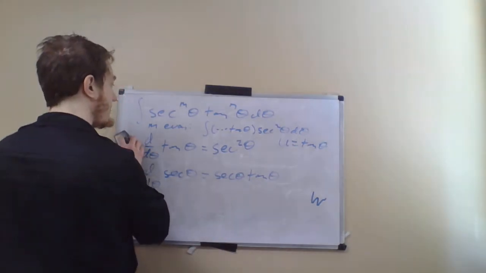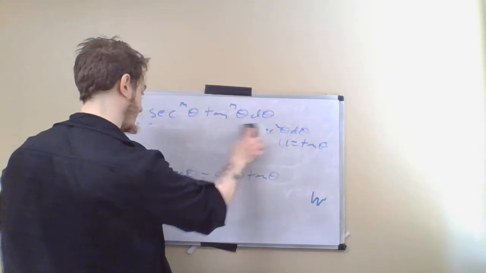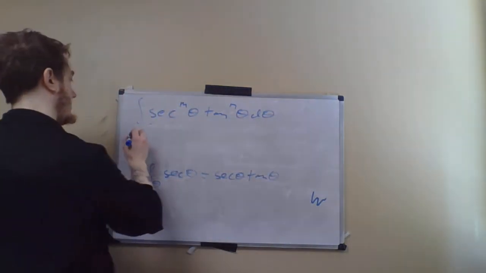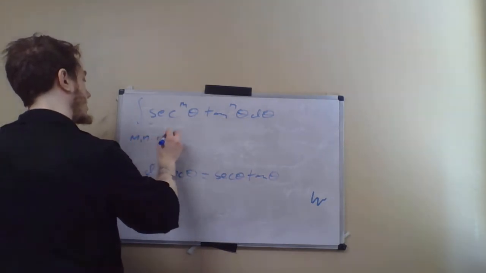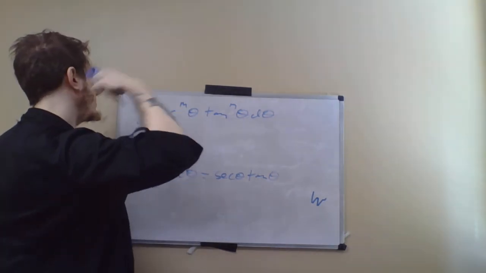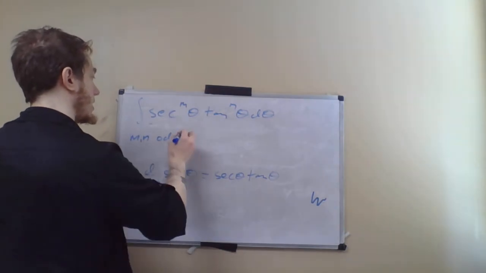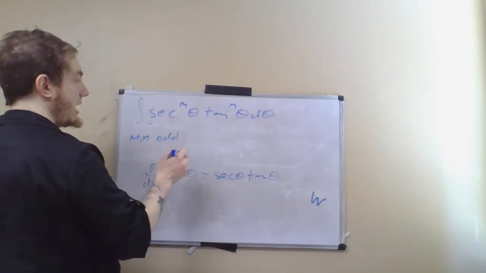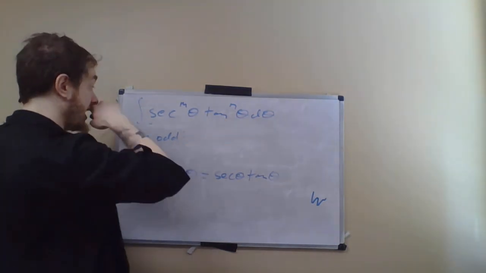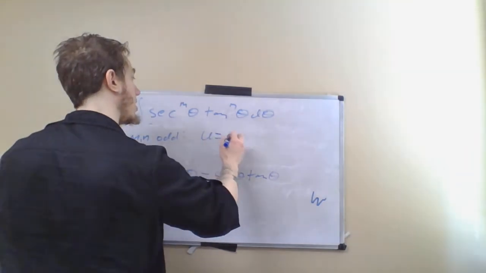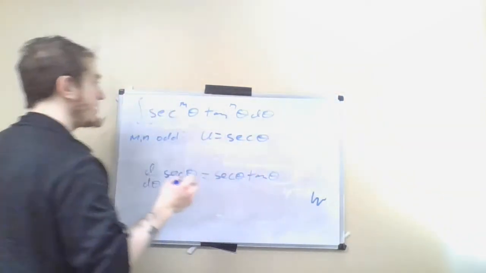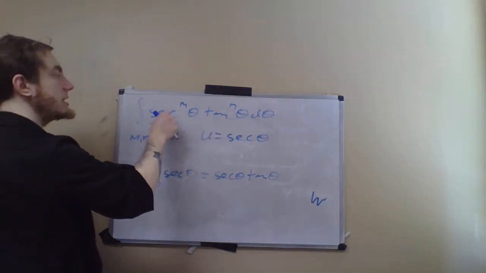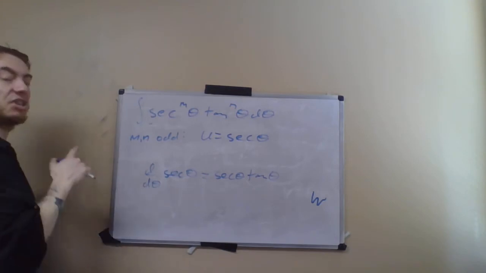On the other hand, if I have odd powers on each of them, then what I can do is peel off a secant theta tangent theta, and then I will be able to do a u substitution of secant theta, because I can rewrite everything except for one secant theta tangent theta in terms of secant theta.